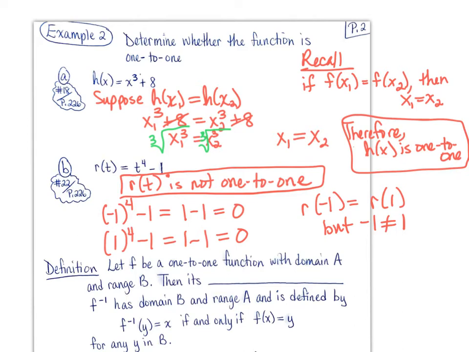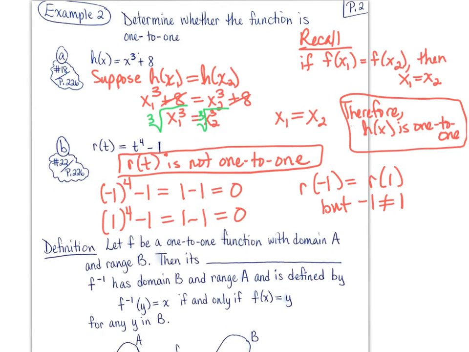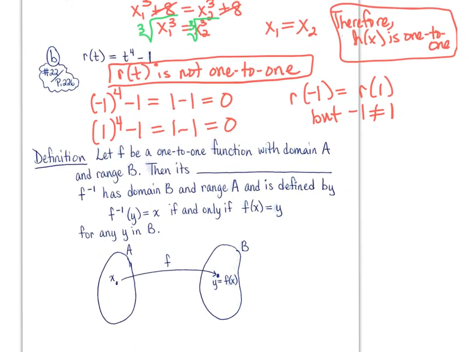A definition. Suppose we start out with a 1-to-1 function. We have to have a 1-to-1 function in order for the next information to hold. So we start out with a 1-to-1 function f.